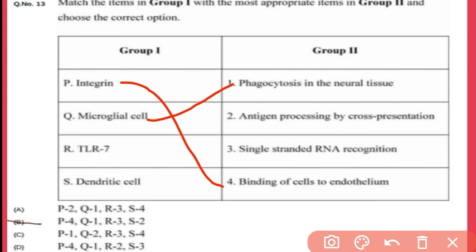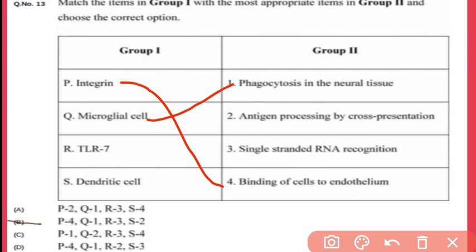These cells recognize structurally conserved molecules derived from microbes. The toll-like receptors are a class of pattern recognition receptors, that is PRRs, and these pattern recognition receptors initiate the innate immune response.